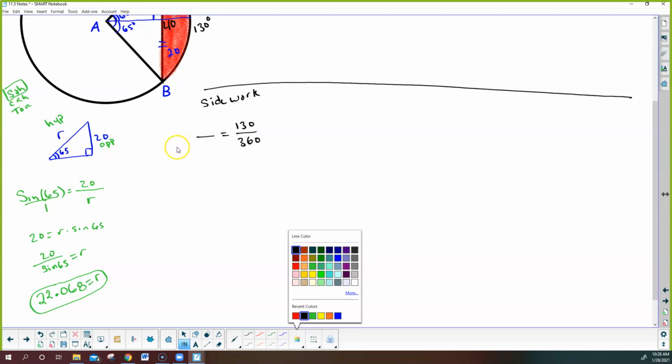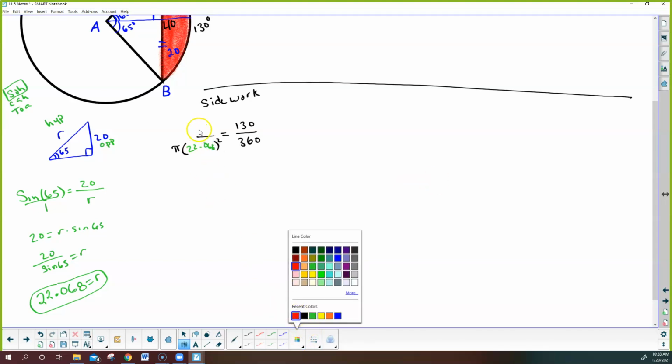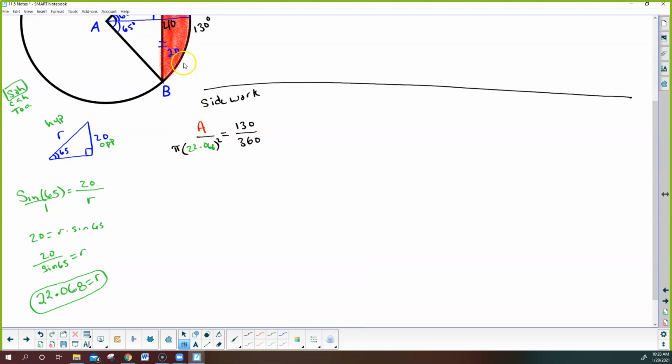I accidentally put a 2 here before. I did exactly what I told you guys not to do. So pi r squared is the area of the entire circle. And then I'll just call this a red A because that'll be the area.